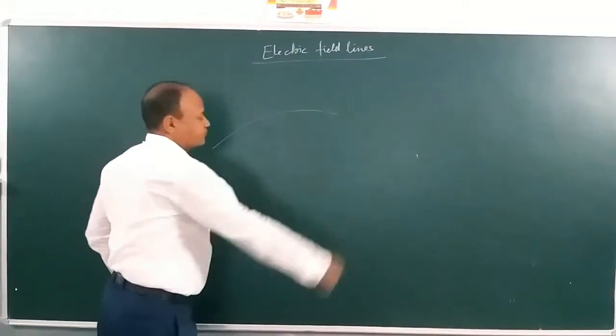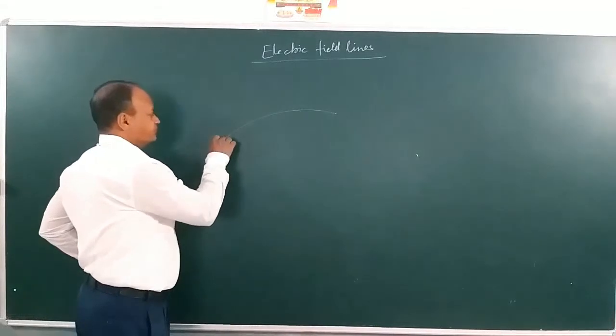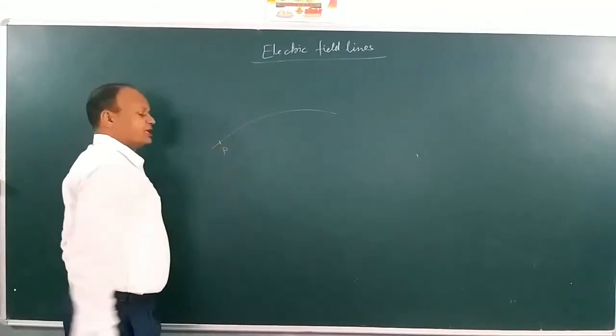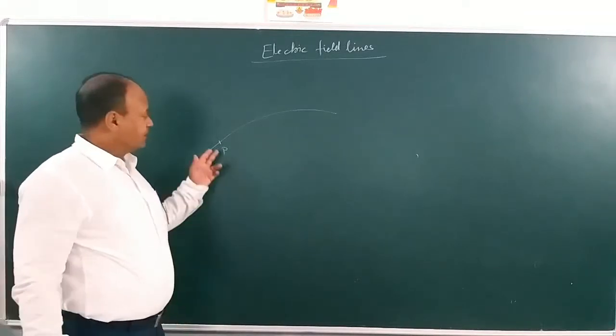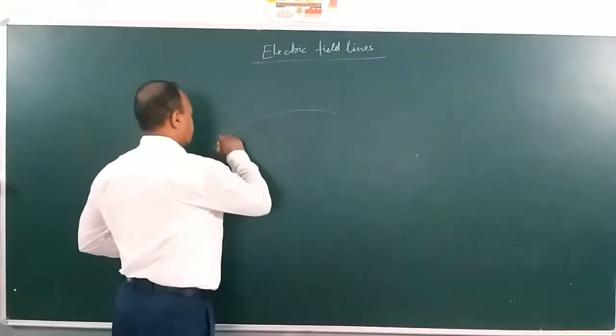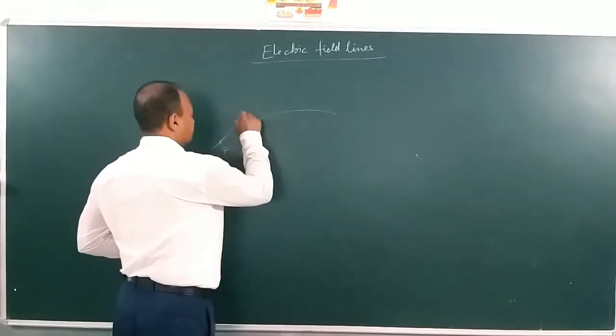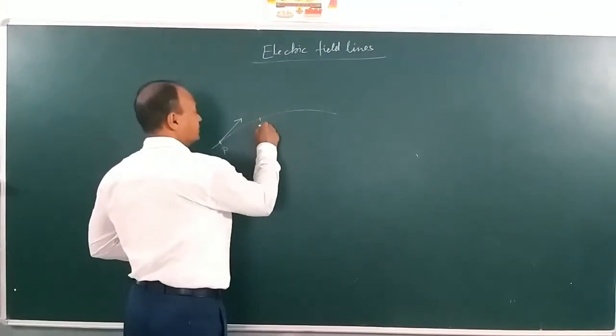Imagine there is a continuous curve and at a certain point of the curve, P, I want to know the direction of electric field, and then the direction of electric field can be found by drawing a tangent at this point. Similarly, there is another point Q on the curve at which I want to find out the direction of electric field.